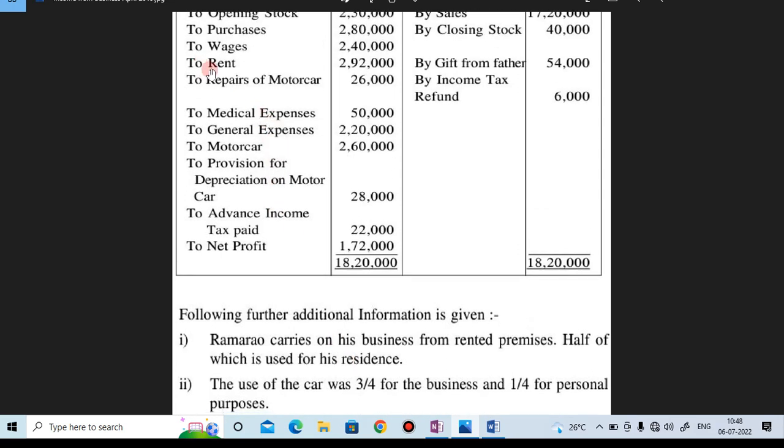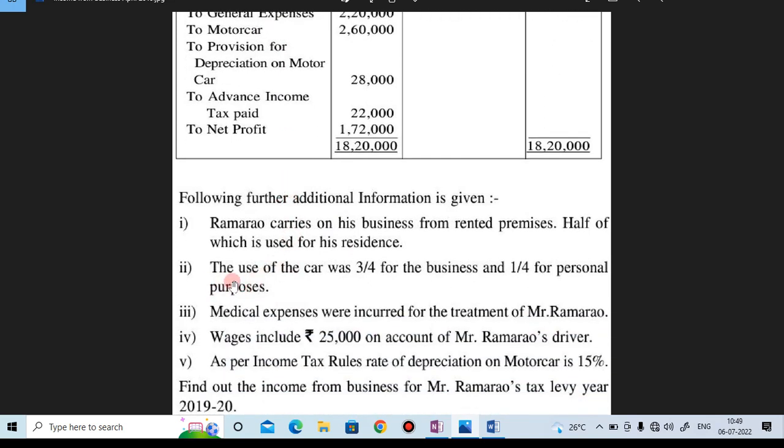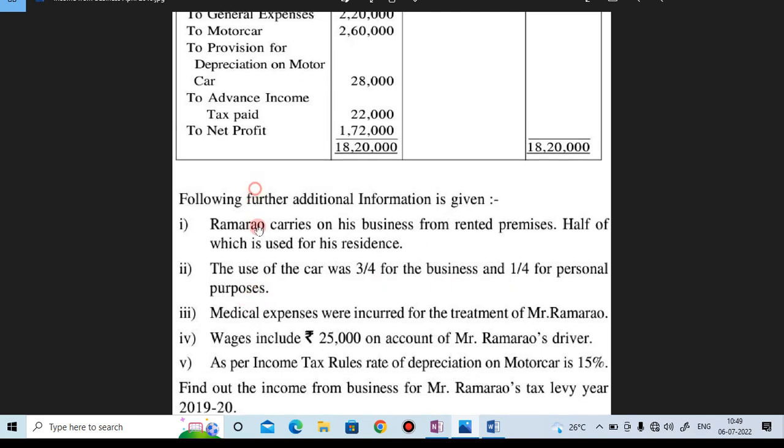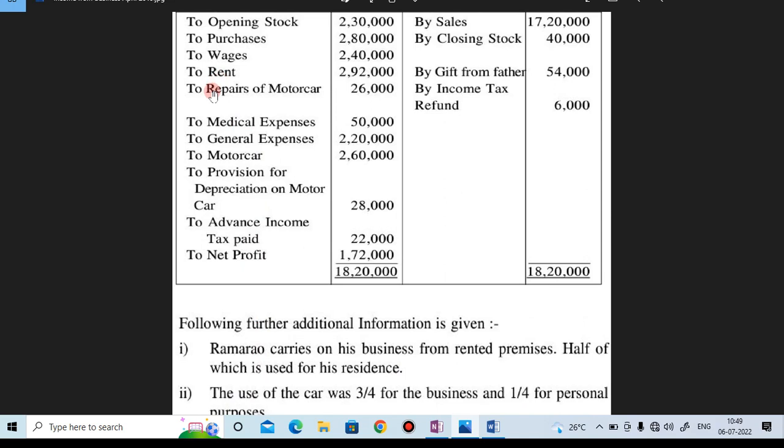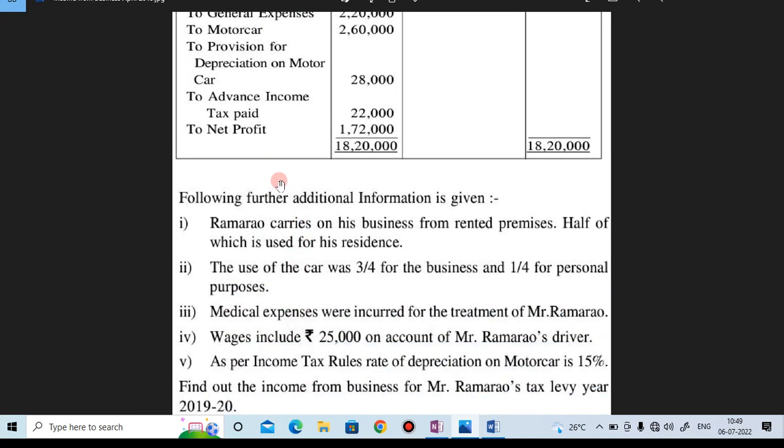So on rent there is an adjustment. Next, the car was used 3/4 for the business and 1/4 for Ram Rao's personal purpose. So on repairs to motor car there is an adjustment.